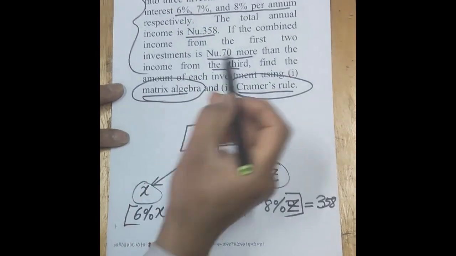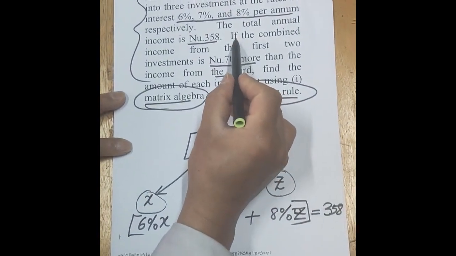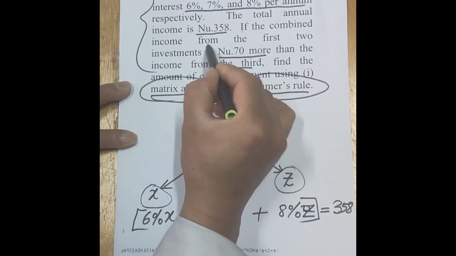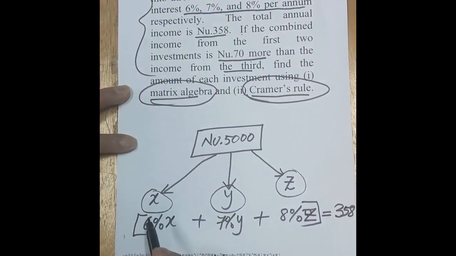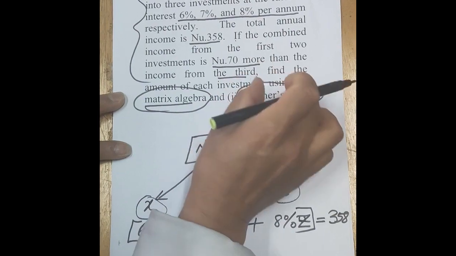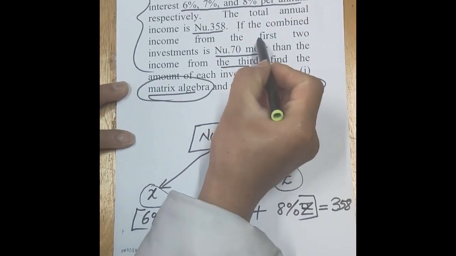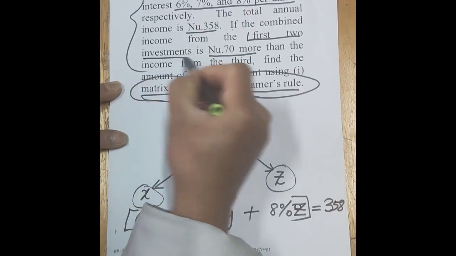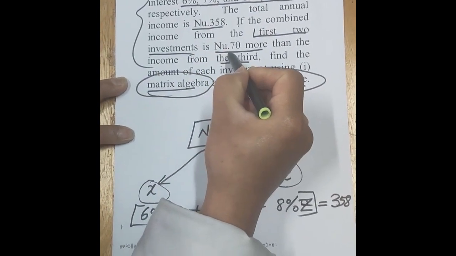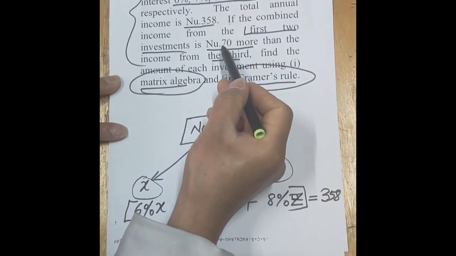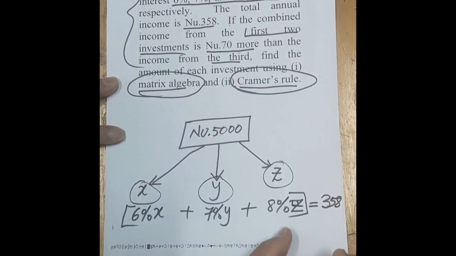Next part of the question is that if the income from the first two investments is combined, then it should be equal to the income from the third plus Nu 70. More means it should be plus.